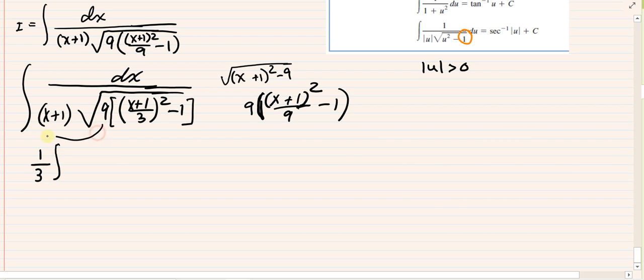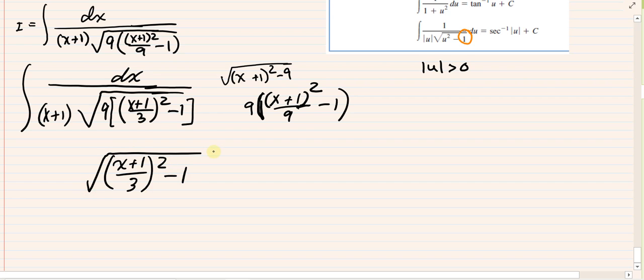So that's the 9 removed. And then I have dx over x plus 1. And of course, in the radicand, we have x plus 1 over 3 quantity squared minus 1.